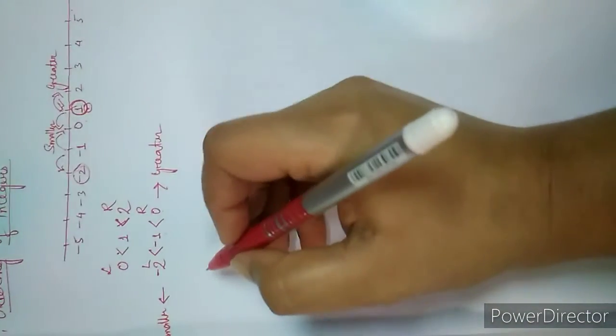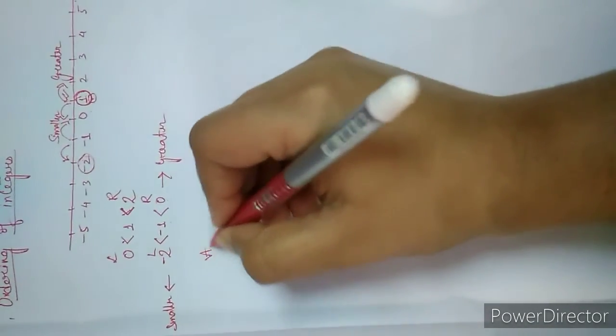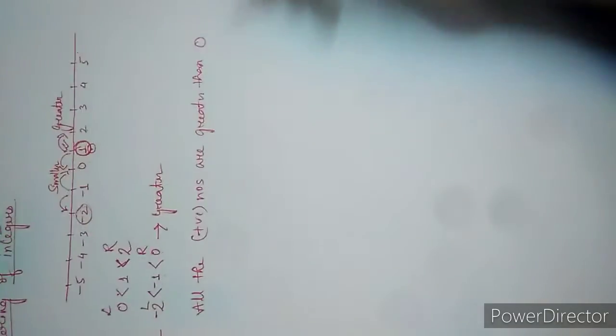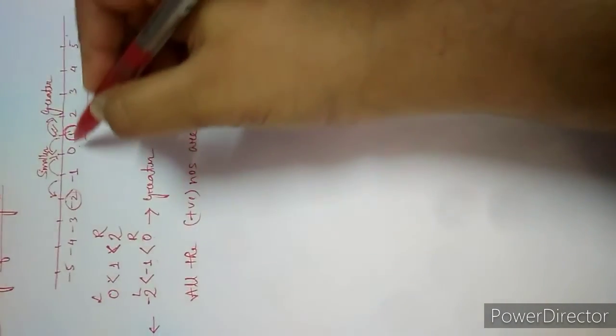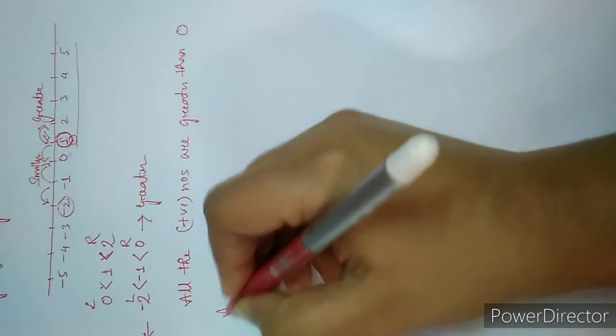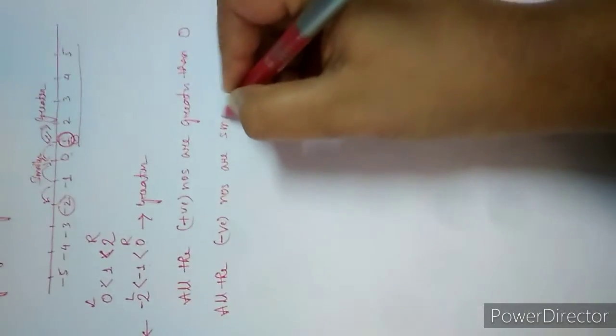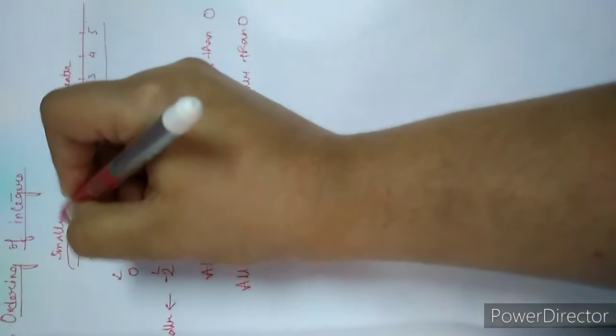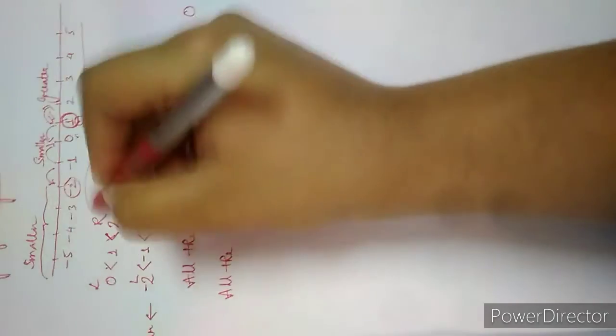One more thing I'd like to tell you: all the positive numbers are greater than 0, but all the negative numbers are smaller than 0, because 0's right side is the positive numbers and 0's left side we get the negative numbers.